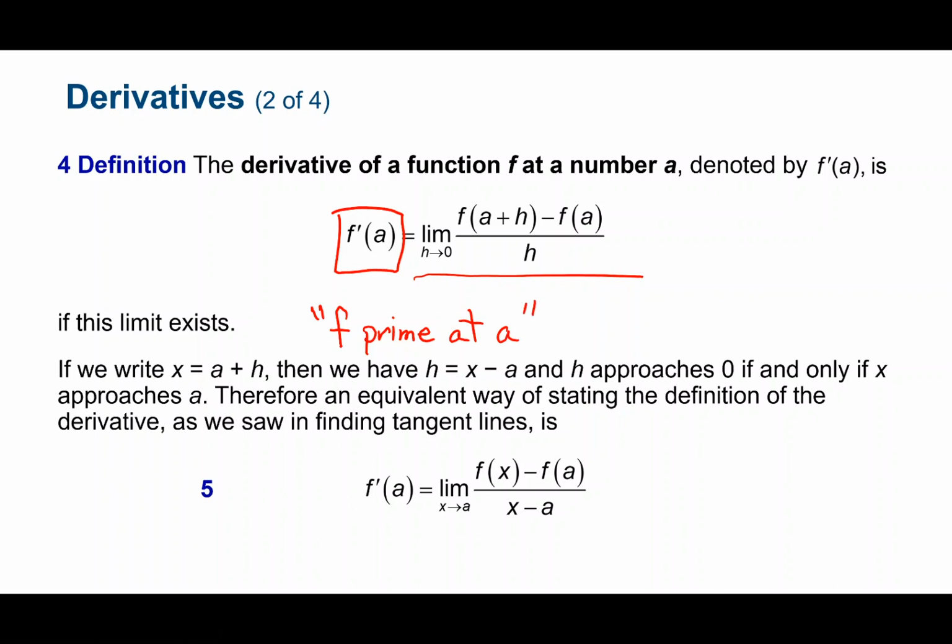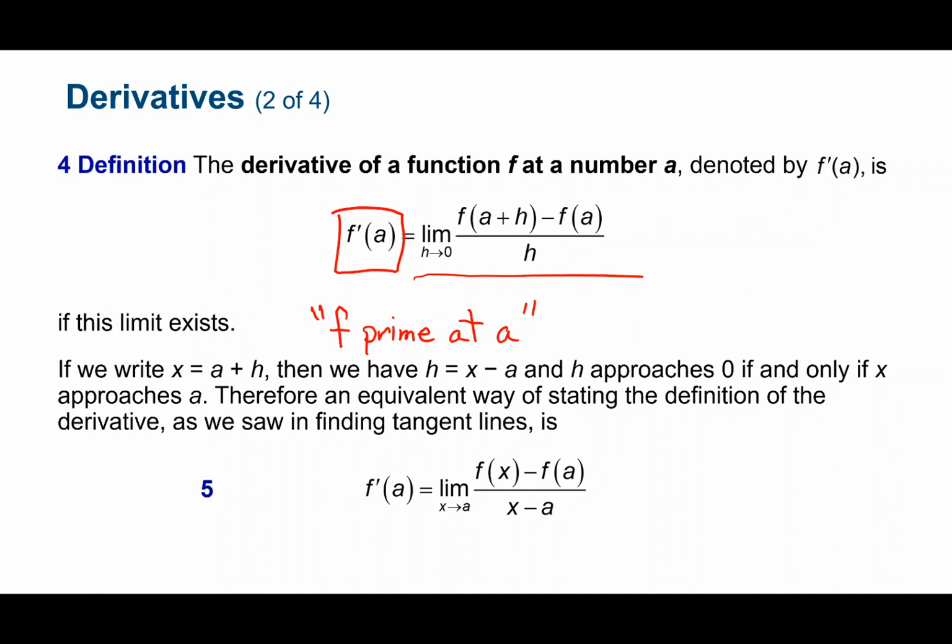That little tick mark you can think of as prime, mainly because it's a lot shorter to say f prime than it is to say the derivative of f. You'll hear f prime a lot.